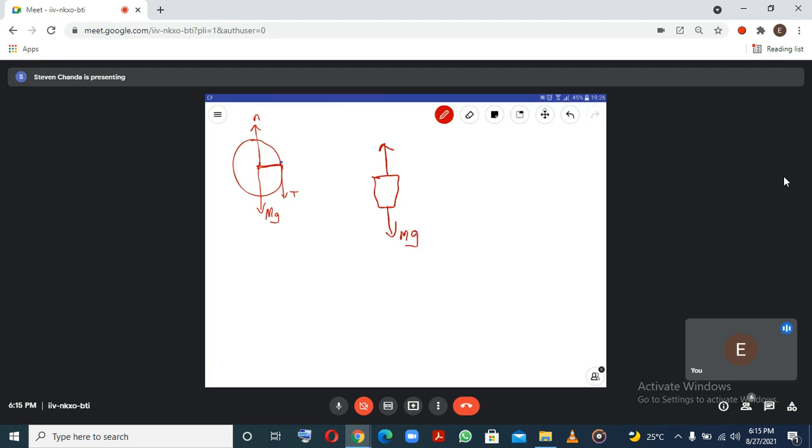Remember that the bucket is attached here. So the upward force on the bucket is the same tension that's acting on that wheel. So with that free body diagram drawn, is everyone comfortable before we proceed?